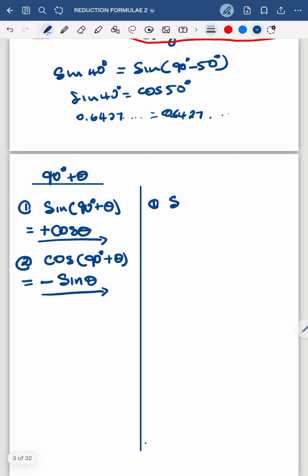Let's make an example of the same, but now we're going to add. If I have sine 10 degrees, then when I expand this, I apply the cofunction. What should I write now if I have 90 degrees?